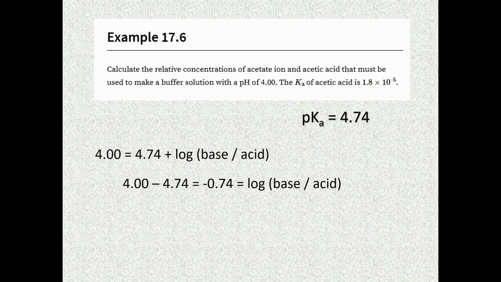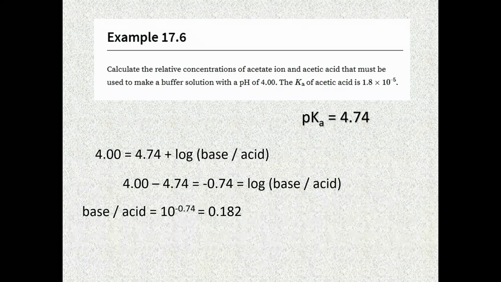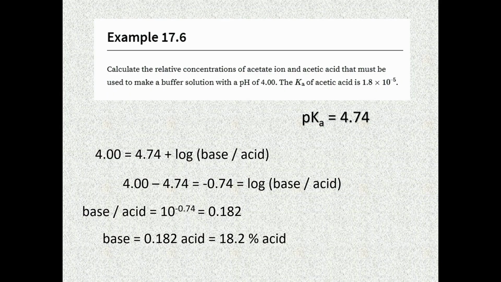That equals the log of the base over the acid. This is a regular log, not a natural log. So to get rid of it, I take 10 to the value, and I get 0.182. So I need to make a solution that is 0.182 of the quantity of base I have.